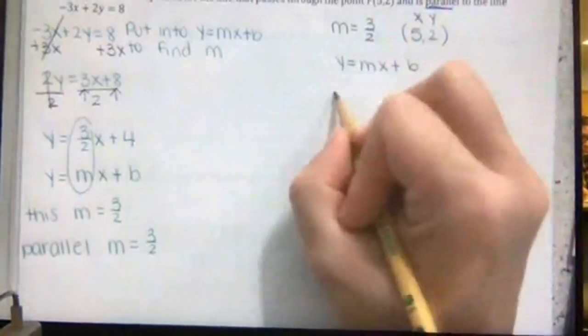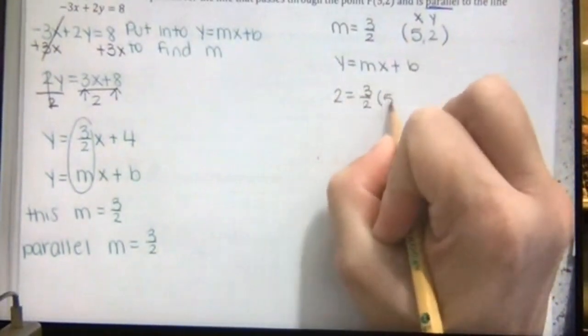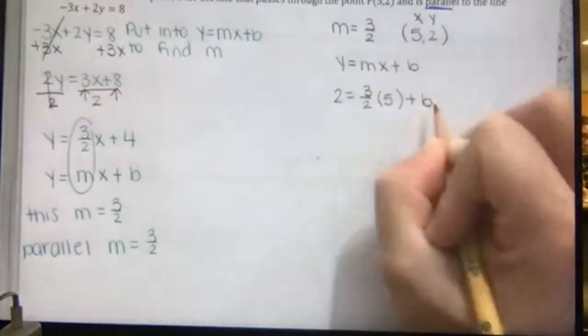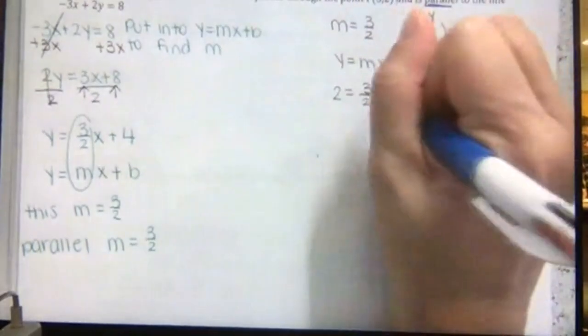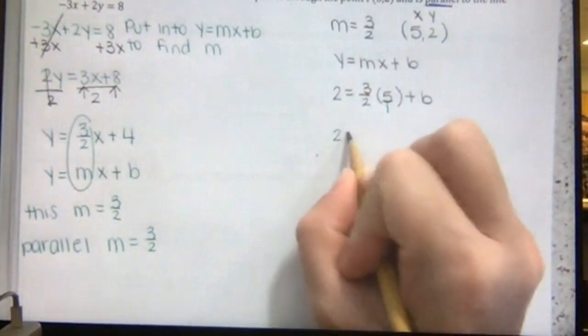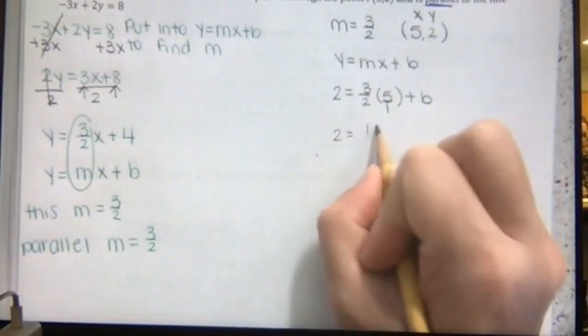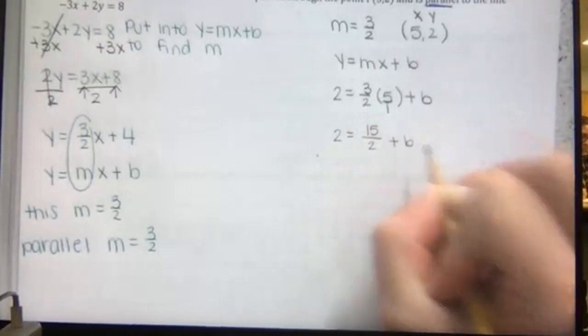They're telling us that y is 2, m is 3 over 2, x is 5, plus b. If it helps you to write it as 5 over 1, go for it. So that way it's top times top, bottom times bottom. That way it'll give us 2 equals 3 times 5, which is 15, all over 2 times 1, which is 2, plus b.